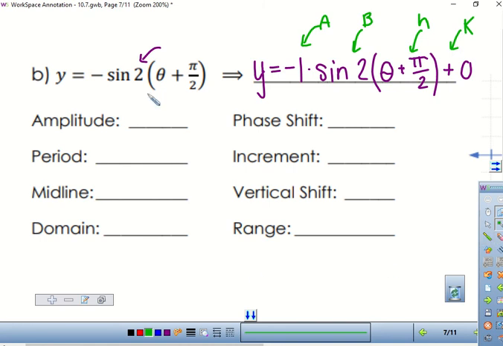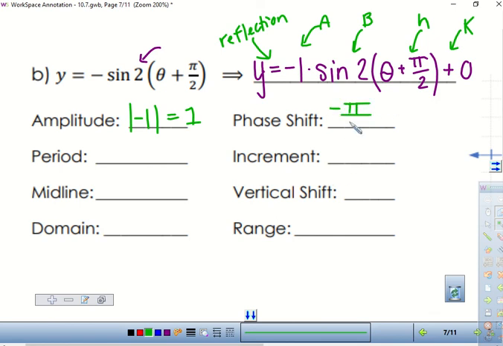All right. So amplitude is the absolute value of A, which is 1. Now this being negative tells me I have a reflection, okay? So just keep that in mind. Now phase shift is indicated by H, but remember it's always the opposite sign. So this graph is actually going in the negative direction, pi over 2. Because remember, phase shift is always backwards.